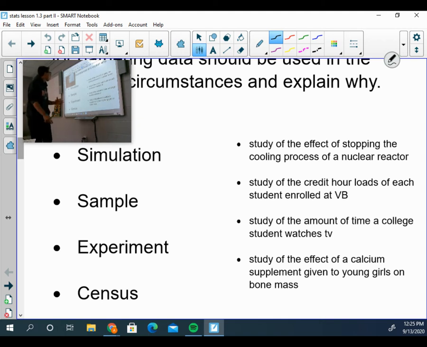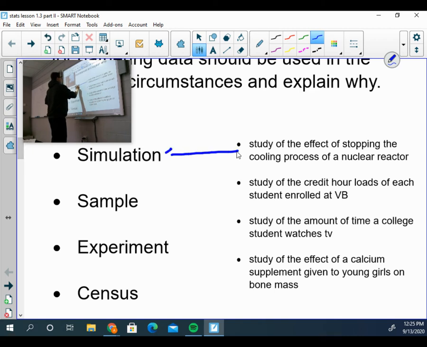Okay, so you have unpaused them hopefully at this point. Let's talk about what should go where. So first example here, study of the effect of stopping the cooling process of a nuclear reactor. Now this took you remembering back to 1.1 some, but I hope you matched it with simulation. With a nuclear reactor or any situation with some significant consequences, please run a simulation, right?